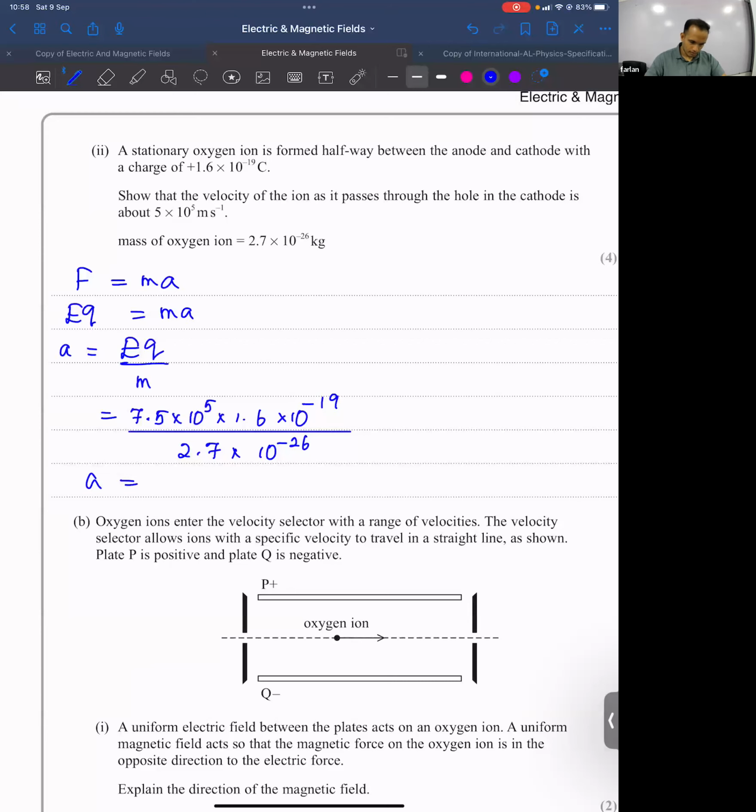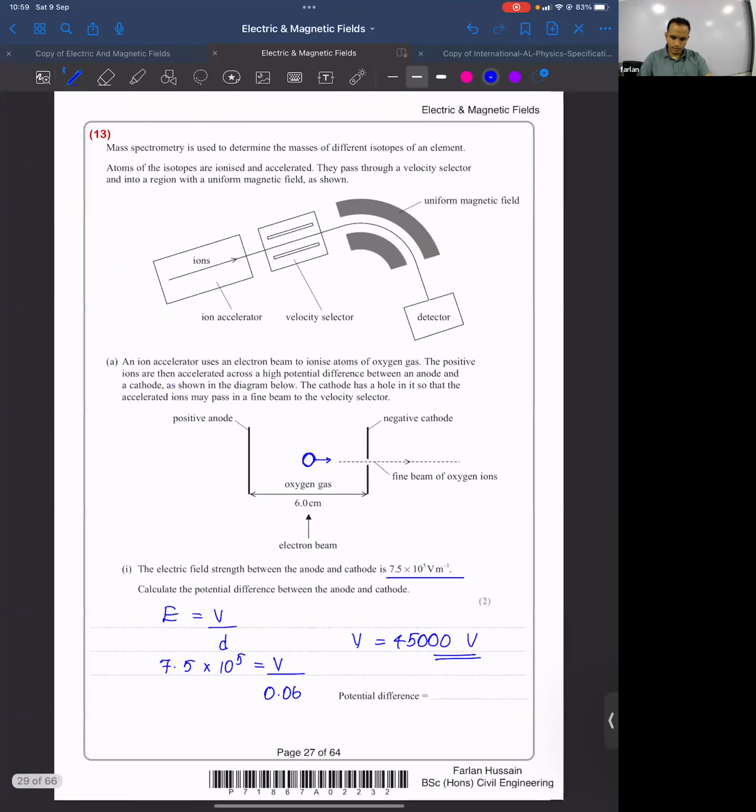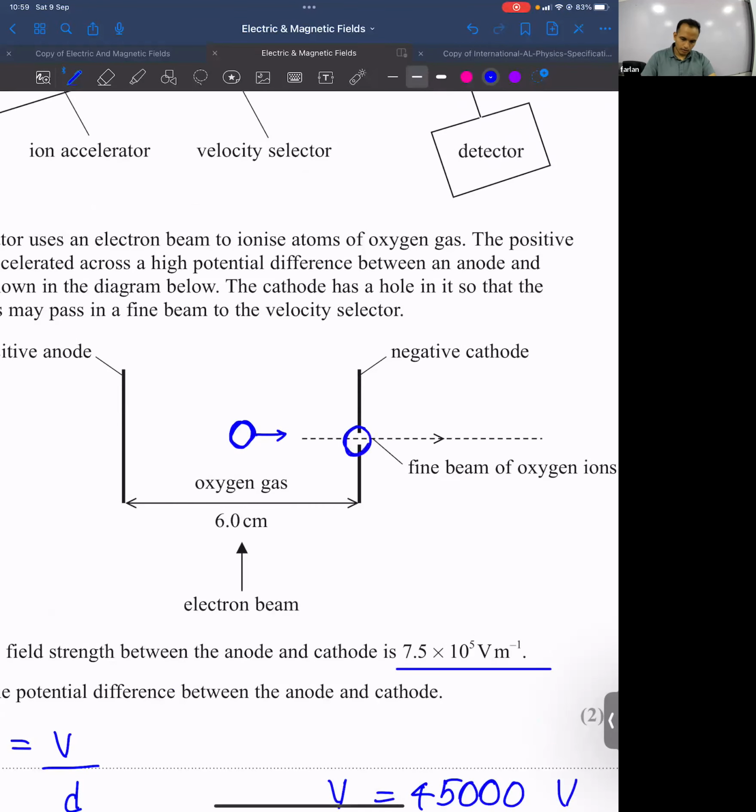So this gives you the acceleration of the particle, which will be, give me a minute, 4.444 recurring × 10^12. This is the acceleration. Then the rest is too simple to see what is the velocity when it reaches here.